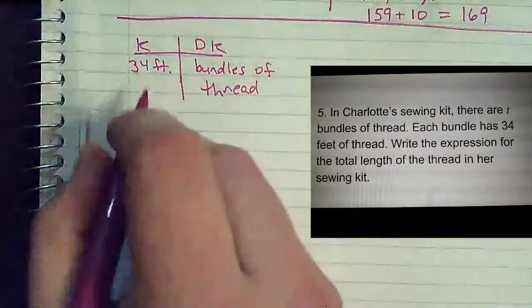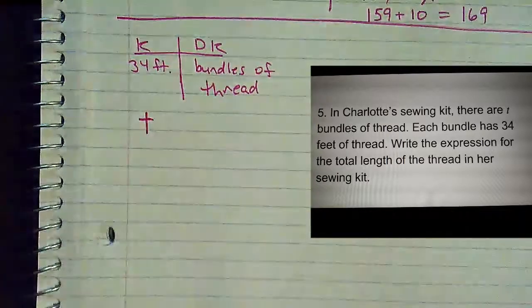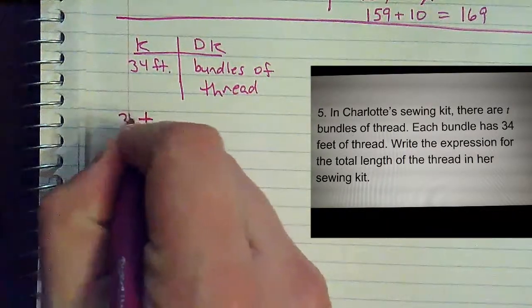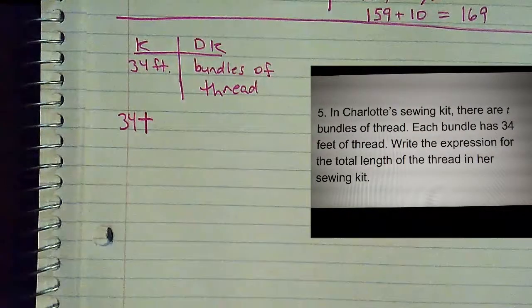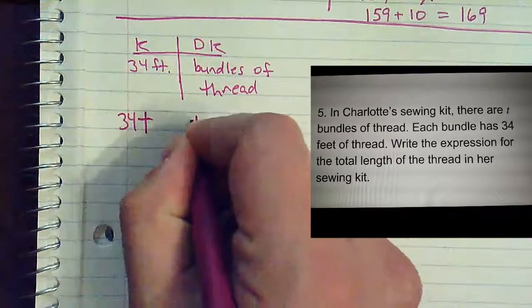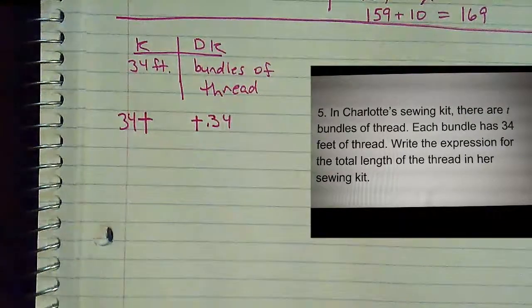So what our answer is going to be is T for the bundles of thread, and then it's being multiplied by 34. Or you could have also written it T times 34. Either one of these will work, because it's 34 times the number of bundles of thread that you have.